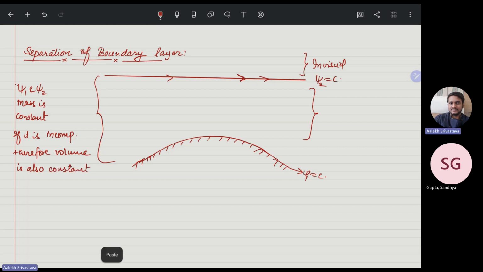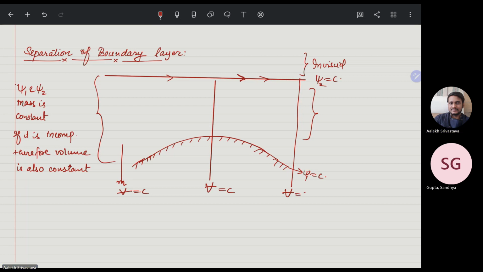Suppose some mass M1 and volume V1 is entering at this location. The same volume will be there at this location, and at this location also. So volume is constant, everything is the same.